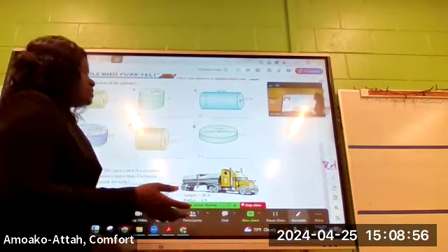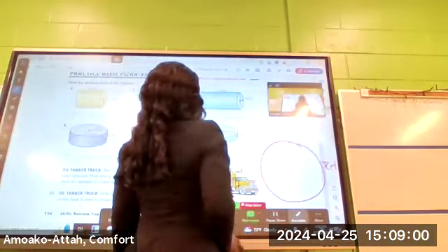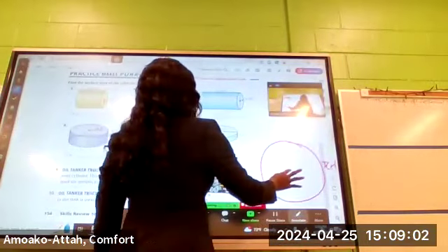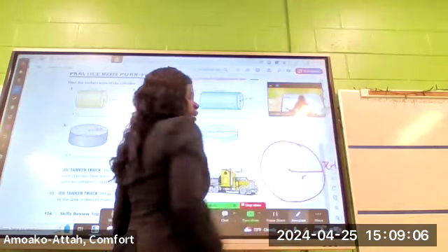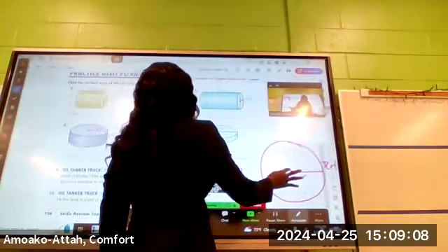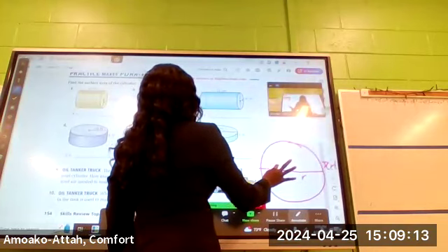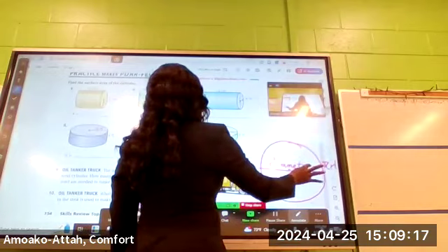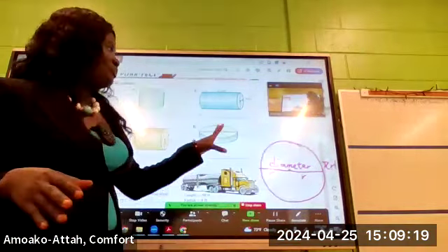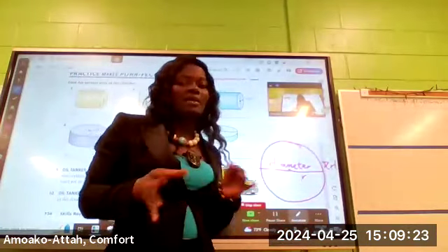You know the basic parts of a circle. If this is a circle, from the center of the circle to every part of the circle is your radius, right? So if I have 2 radii, it means I'm getting the diameter, a line dividing the circle into 2 equal parts. For the cylinder, we are basically going to use the diameter and the radius.